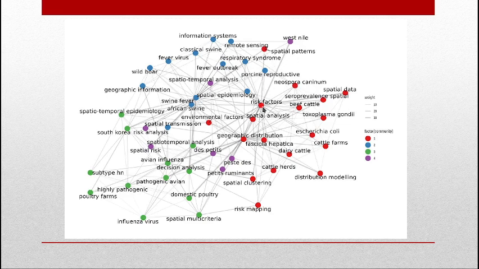For example, risk factor and West Nile are linked by a line. So these are two nodes, and the thicker the line is, it means that in the literature these two terms have been frequently coming together. And some terms, the nodes, form clusters or communities.